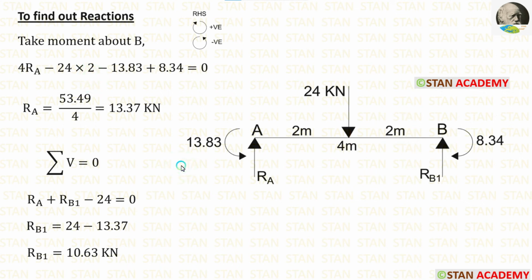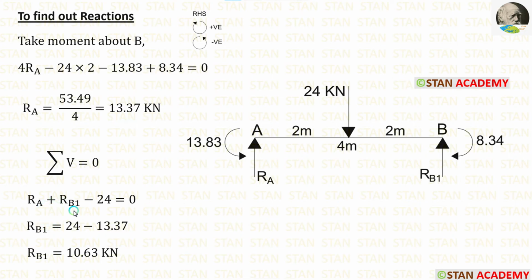Then we are having two moments. This moment is acting in the anticlockwise direction, so it will be negative, and this moment is acting in the clockwise direction, so it will be positive. Finally, we are getting RA, which is equal to 13.37 kN.